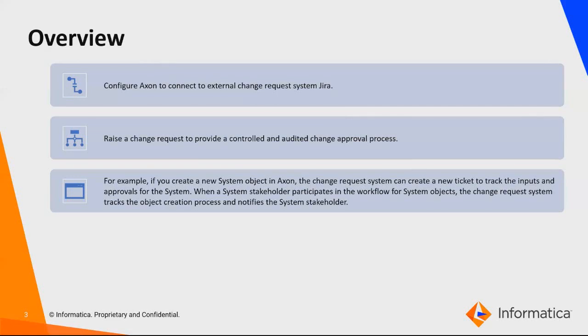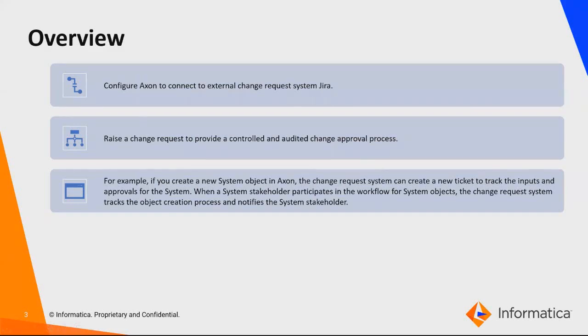Integrating Axon with Jira will benefit such users, where they can use this external workflow to keep track of the process from the order getting assigned to them until it gets fulfilled. The review which was processed, accepted or rejected will also get updated in Axon as well. That is the main use case. So the external ticketing mechanism will help both the business and the technical user to keep track of all the requests and fulfill or reject them accordingly.